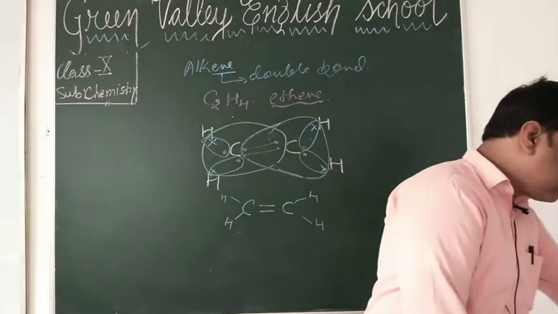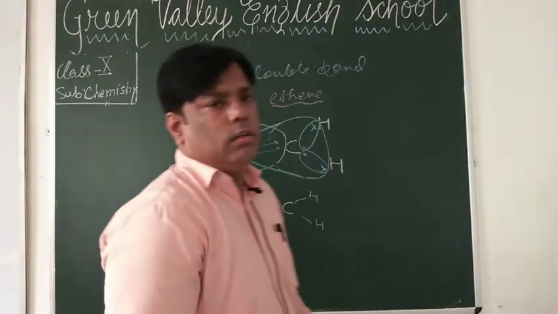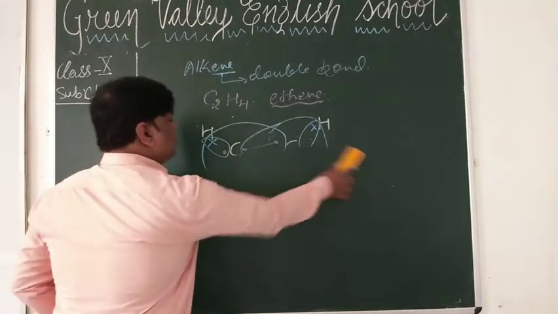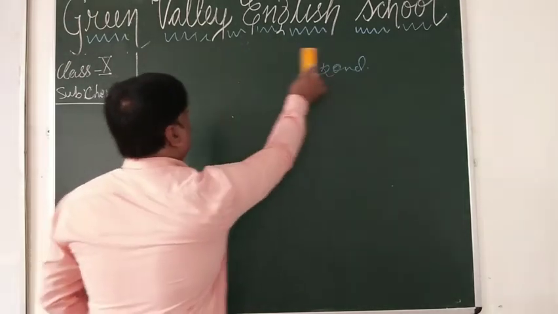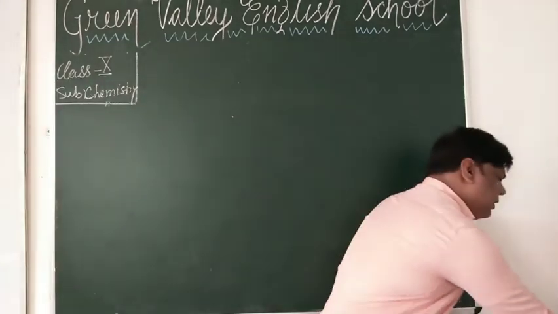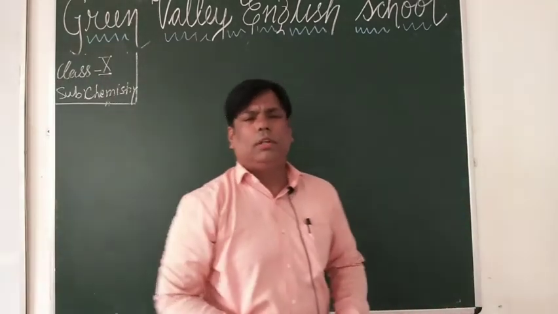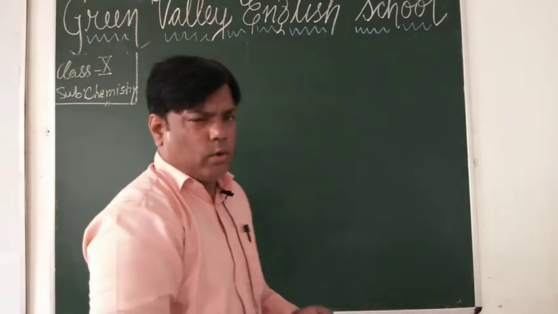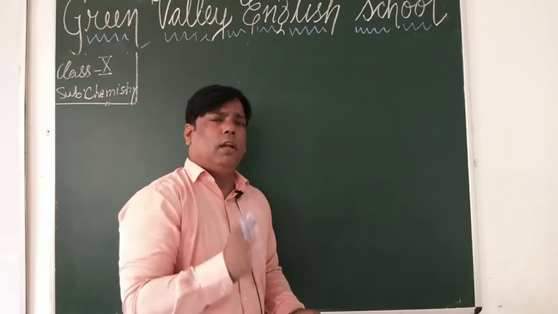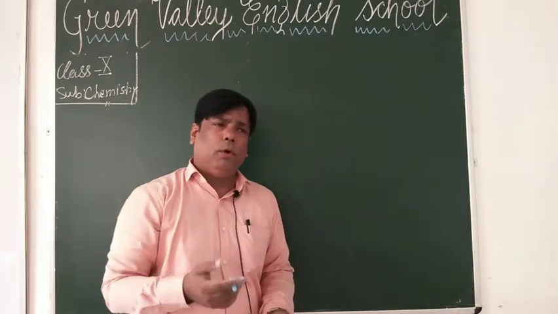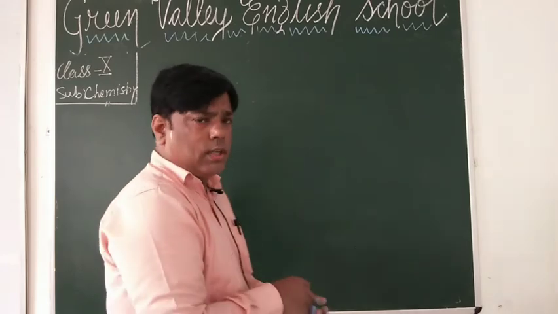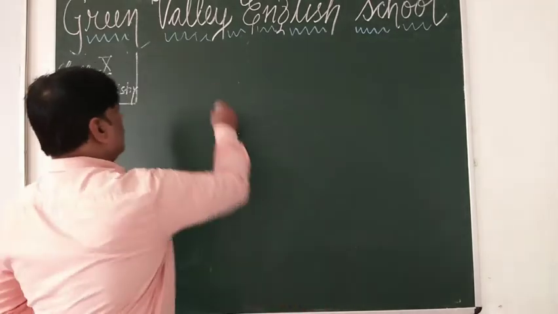Now next one is triple bonded hydrocarbon, and that is also called unsaturated hydrocarbon. If there is single bond between carbon and carbon atom, then it is called saturated hydrocarbon. If there is more than one bond between carbon and carbon, like double bond or triple bond, then the hydrocarbon is known as unsaturated hydrocarbon.